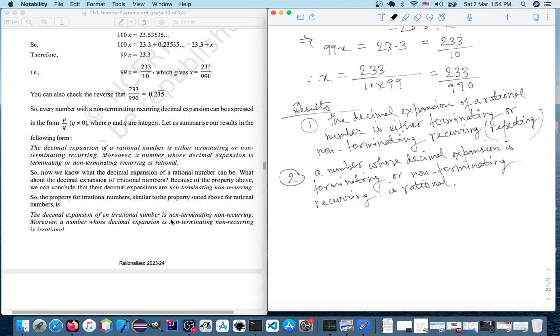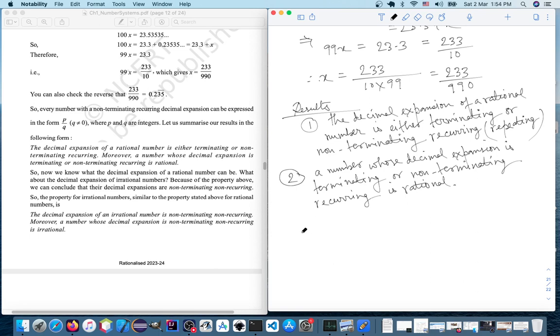So the decimal expansion will never end, and also we will not see any repeating block of digits after the decimal point. So this is how we conclude about the decimal expansion of an irrational number. So let me quickly summarize the results.